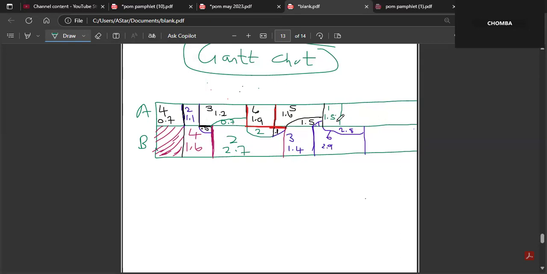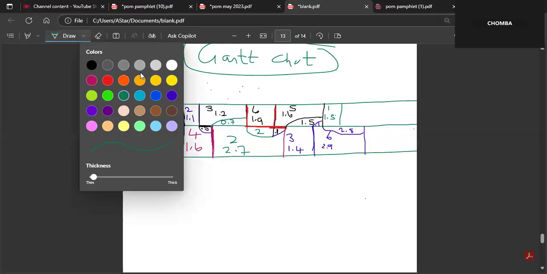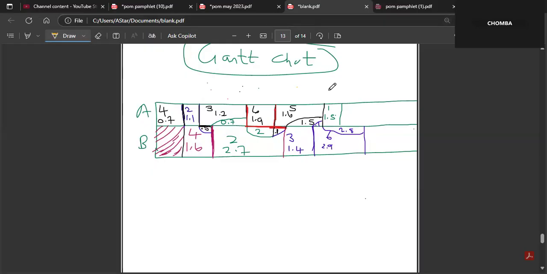These people, they have excess. So subtract 1.5. 2.8 minus 1.5 is what? 2.8 minus 1.5 is 1.3.